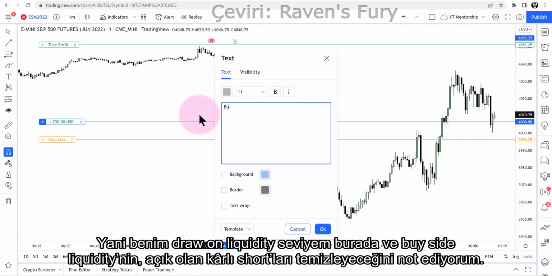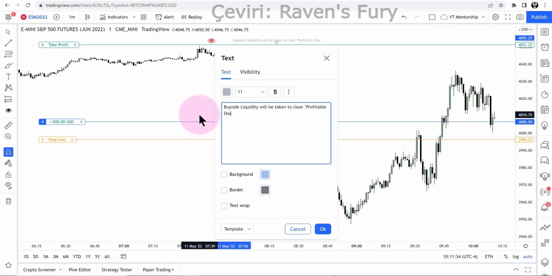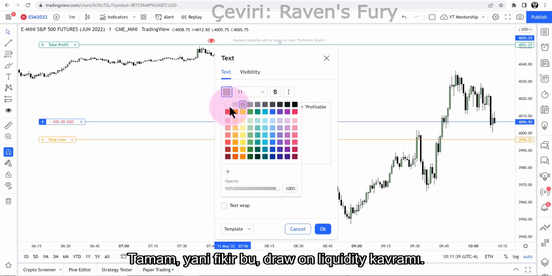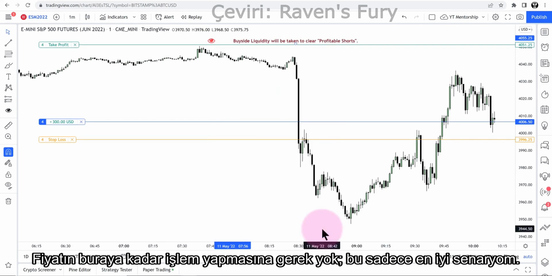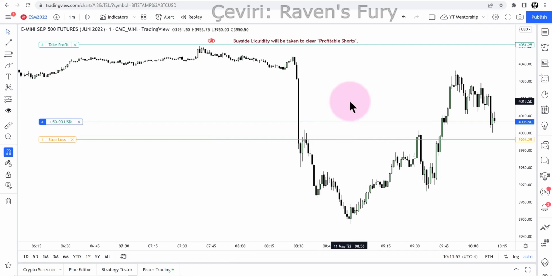And noting the buy side liquidity will take in clear profitable shorts. Right. So this is kind of like the idea, okay, the draw on liquidity. Now, it doesn't need the trade here to be profitable. That's just my best case scenario.